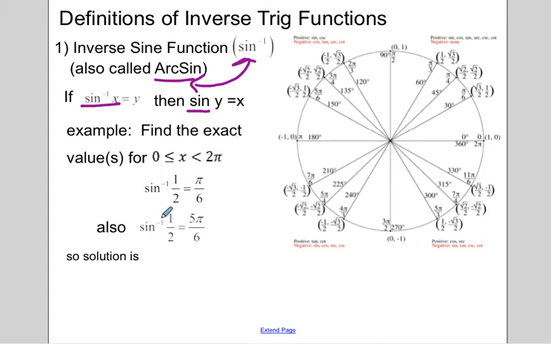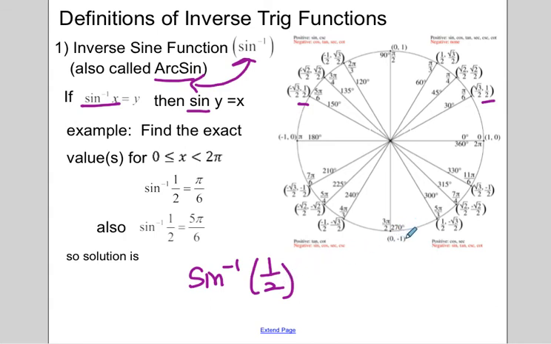We just did this one. If I'm asking you to find sine inverse of 1/2, we said that our first option was pi over 6. Our other option would have been 5 pi over 6. If I just straight up tell you to find sine inverse of 1/2, there is only one answer to this.